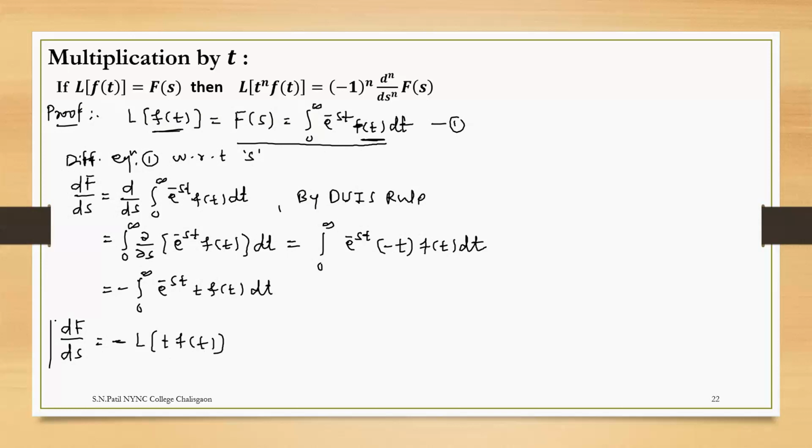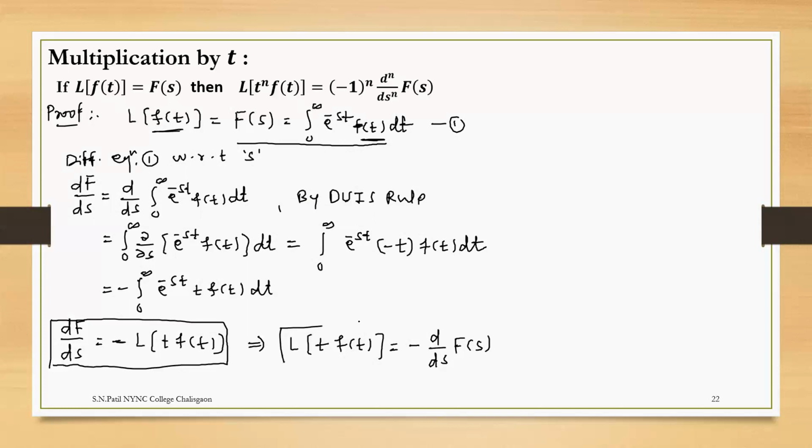So this is the Laplace transform of multiplication by t. Otherwise, we can write the Laplace transform of t into f of t is equal to minus the derivative of capital F, where capital F is a function of s. This is the particular result for n equal to 1.